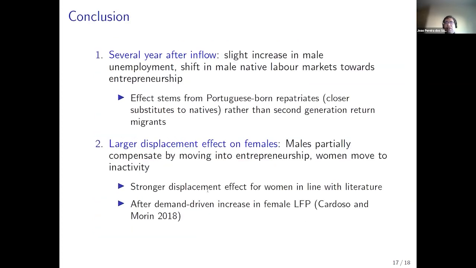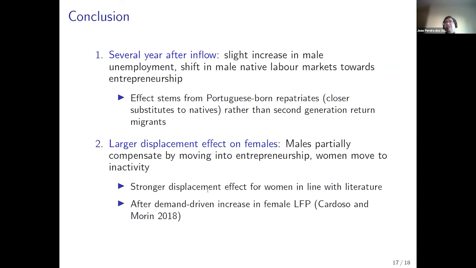So just to very quickly conclude in less than 1 minute. Several years after a huge inflow of repatriates, we find that this led to a slight increase in male unemployment, but males are able to circumvent this shock partially by becoming more entrepreneurs.